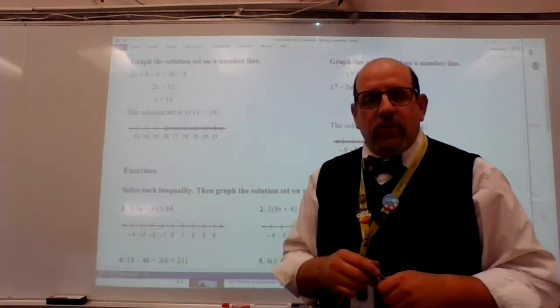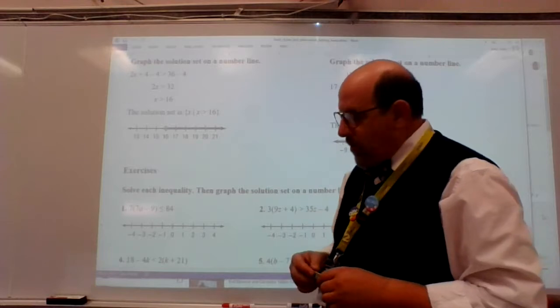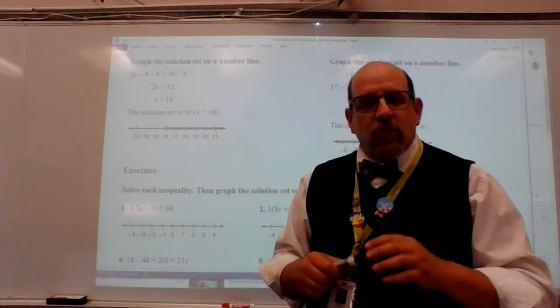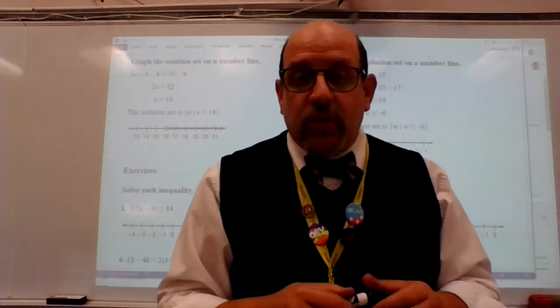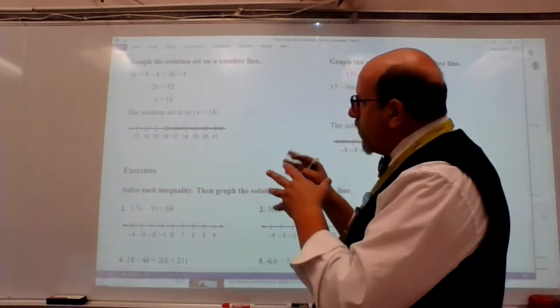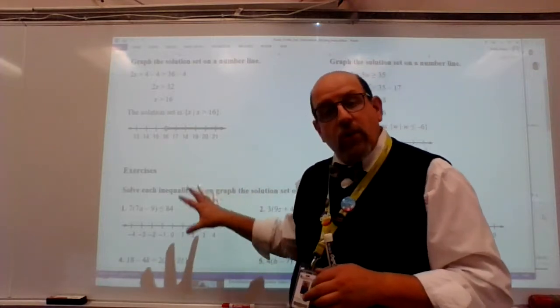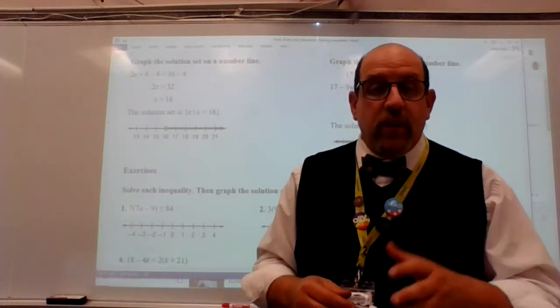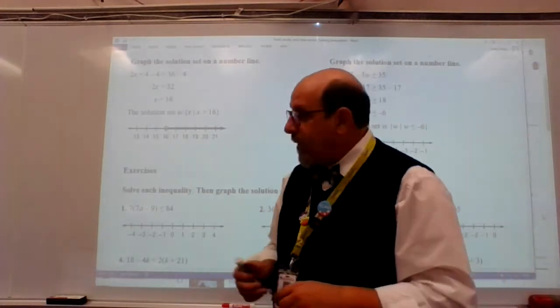We're following the same steps that we usually follow, but we're talking about inequalities. And there's only one minor exception to the rule when we solve inequalities, and we'll get to that later on. There are no examples of that here. I'm going to show you a what if, and then you'll be able to graph it.